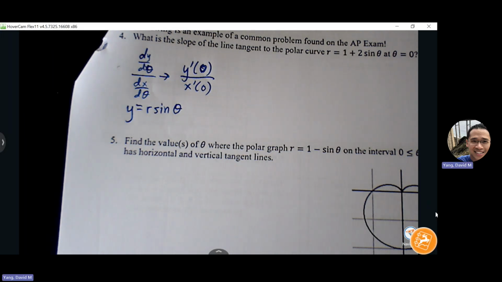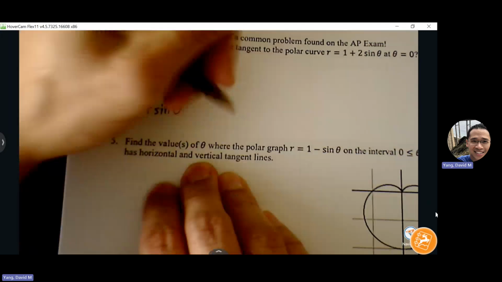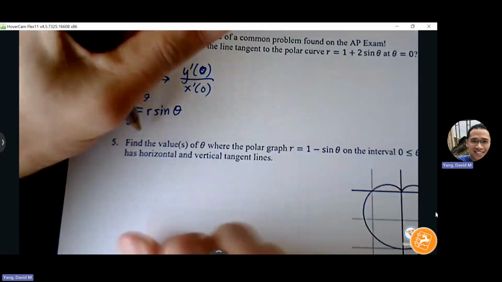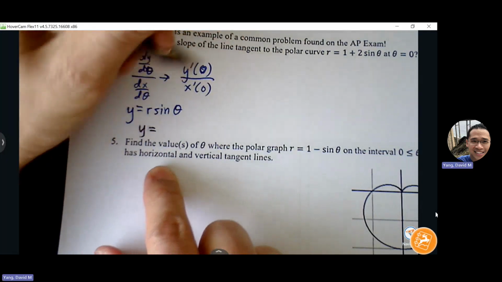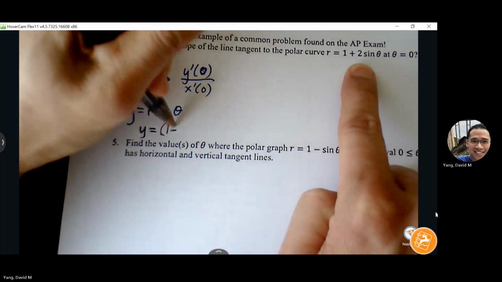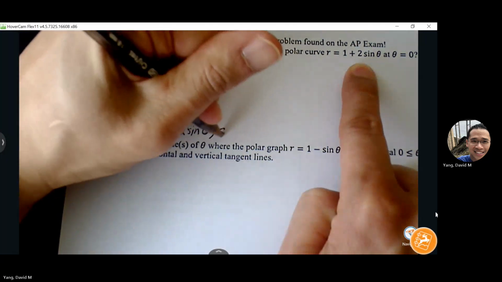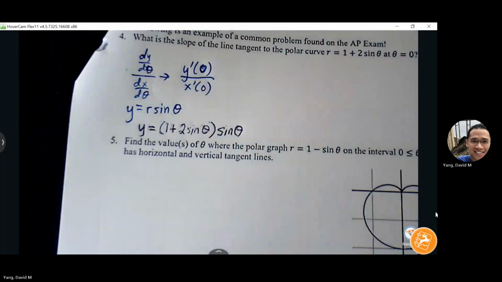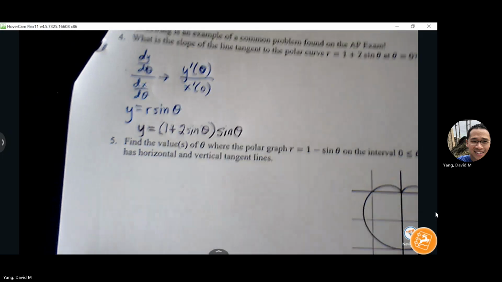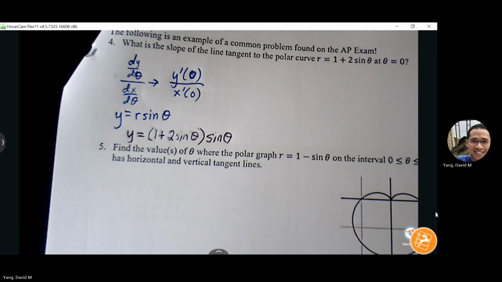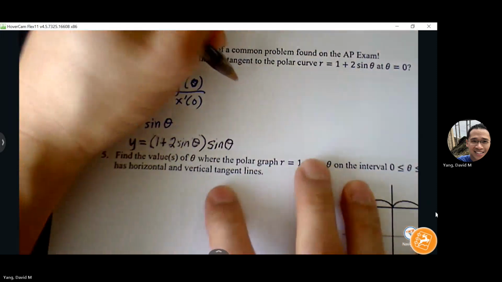So we know y equals r sine theta. We know r is 1 plus 2 sine theta. So I'm just going to go ahead and see if I can get my equation just in terms of theta here. Okay.